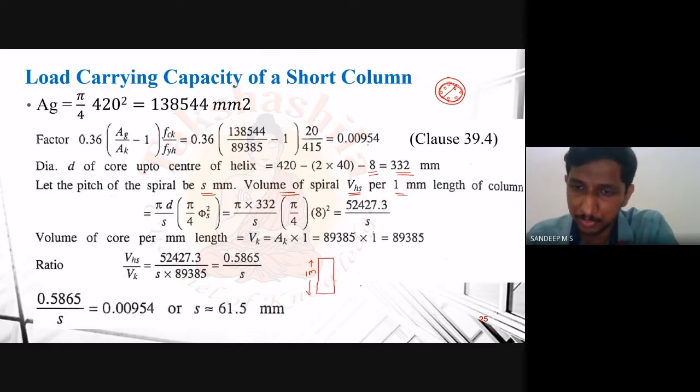If you look at this cross section, I am just drawing only the tie. I have a simple ring like this, which was kept at this location. Right now it is not in the form of a helix. I am just keeping this here.